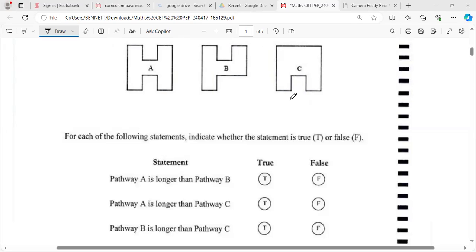How can you determine which is longer, whether path A or path B? How do you determine which is longer? What you need to do? What's the procedure?